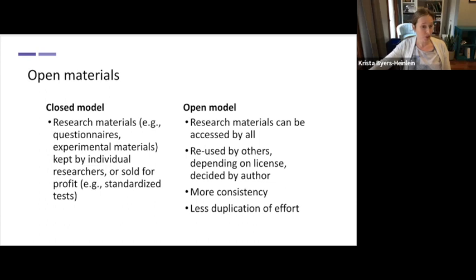The great thing about sharing these materials is, first of all, less work through reuse, and more consistency. Say I want to replicate your study, I might be able to do so with the exact materials that you have used, rather than trying to somehow recreate them based on some verbal description that you had in your methods section. And again, less duplication of effort.